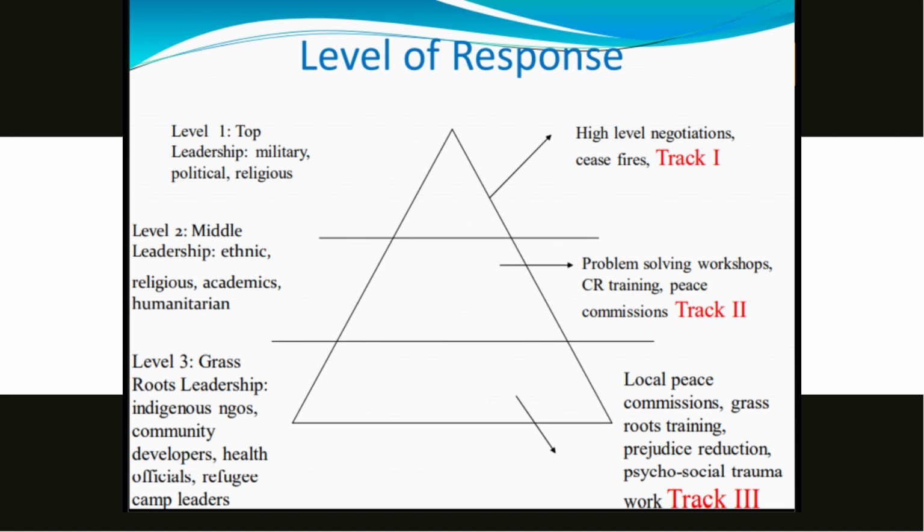Because once violence happens, people are no longer patient. So even if political leaders agree on peace, local actors may not be happy when violence is still ongoing, right? So local actors are important to prevent violence in their community itself.